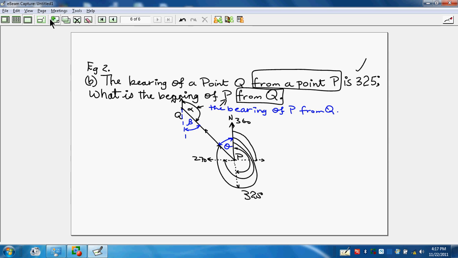We could get the value of theta by recognizing that 325 plus theta will be 360 degrees. Right? Because if we started from here and we went all the way around until we end up at this point here, and that was 325, if we went theta degrees more, we would have gotten 360 degrees. So we could say that 325 degrees plus angle theta would give us 360 degrees, because those angles are in a circle.